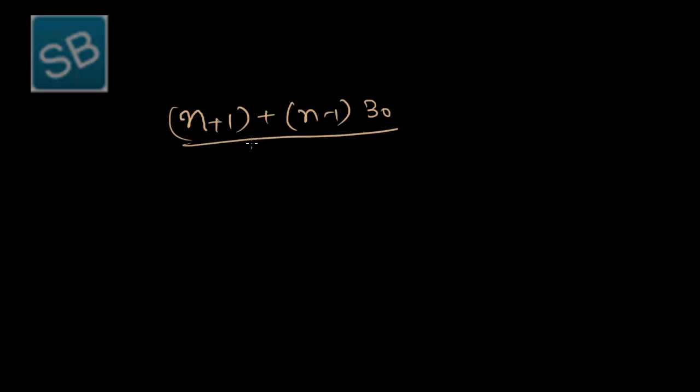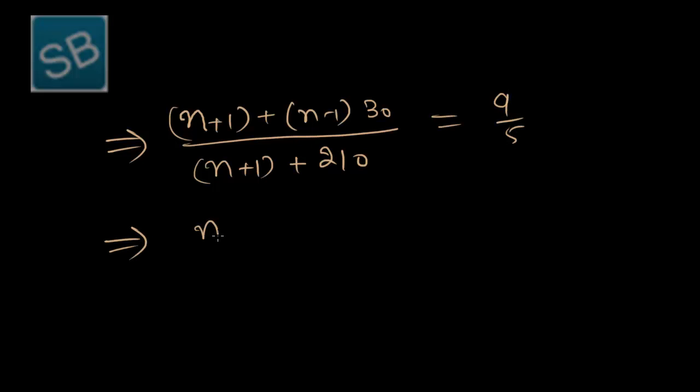By taking LCM, n plus 1 plus n minus 1 into 30 over n plus 1 is cancelled out by the denominator n plus 1. That gives n plus 1 plus 30n minus 30 over n plus 1 plus 210 is equal to 9 over 5.